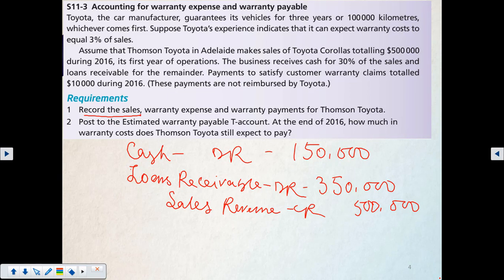Warranty expense to warranty payable. Okay, not accounts payable.